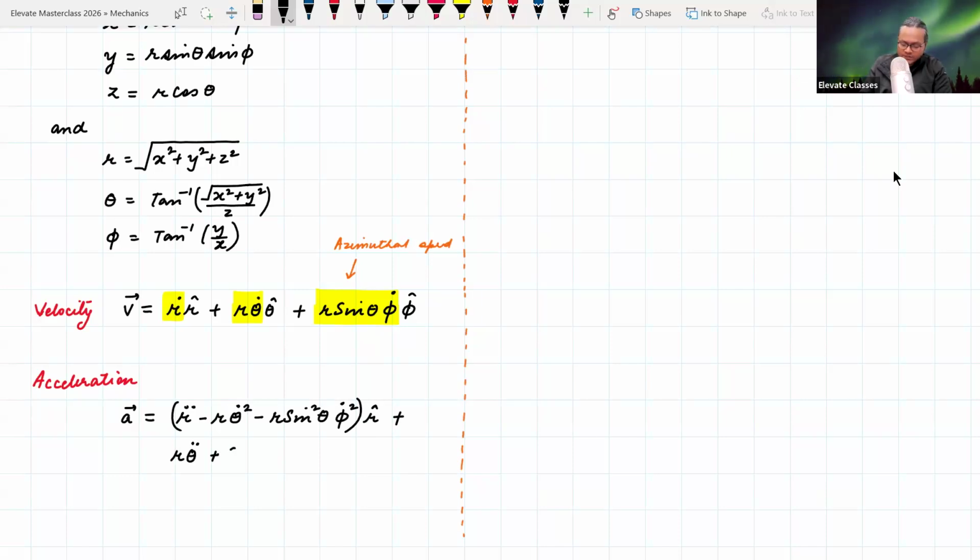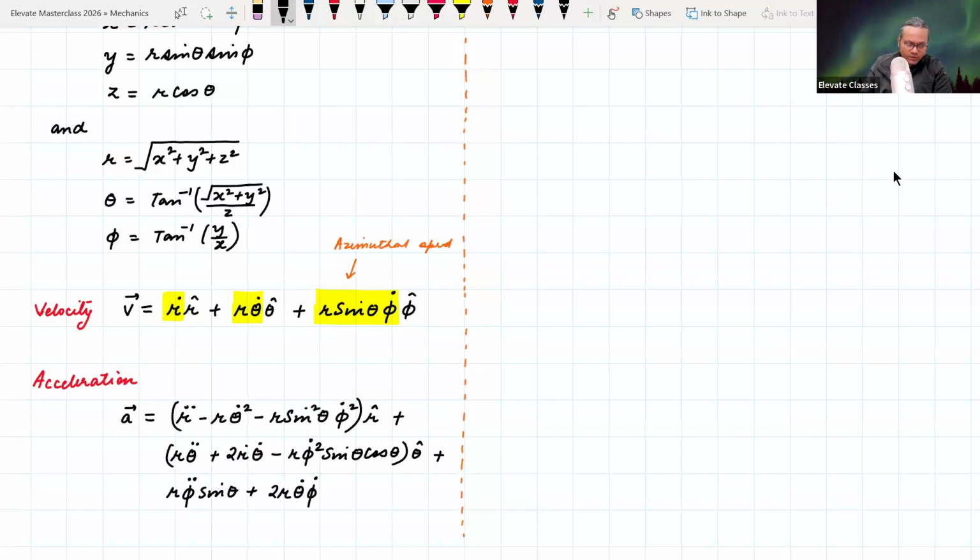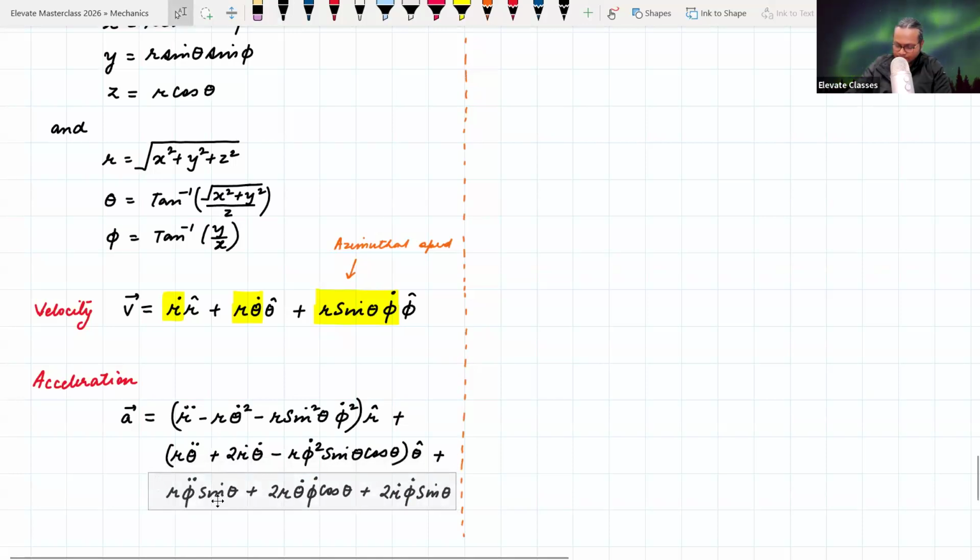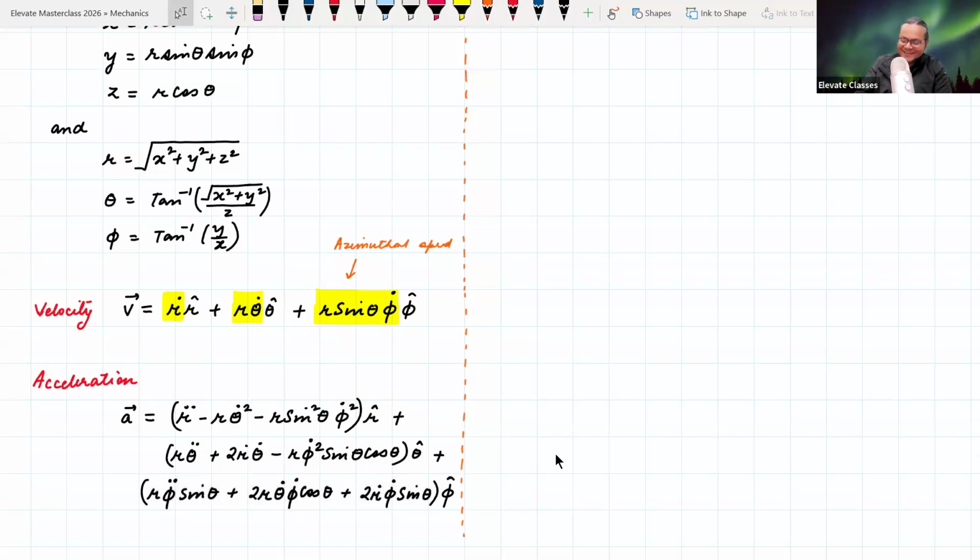Then r theta double dot plus 2 r dot theta dot minus r phi dot square sine theta cos theta, along theta cap, plus r phi double dot sine theta plus 2r theta dot phi dot cos theta plus 2r dot phi dot sine theta, along phi cap. So this is the azimuthal acceleration.